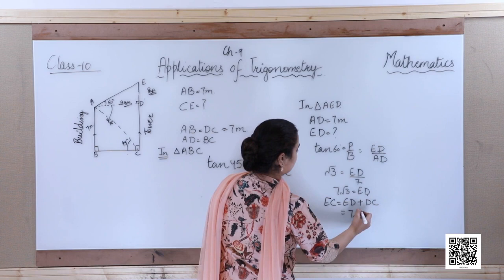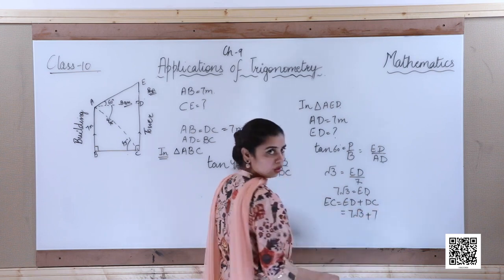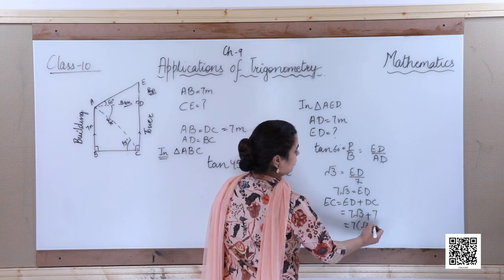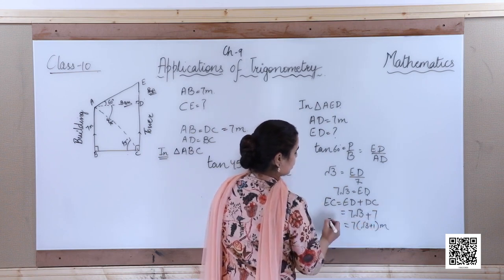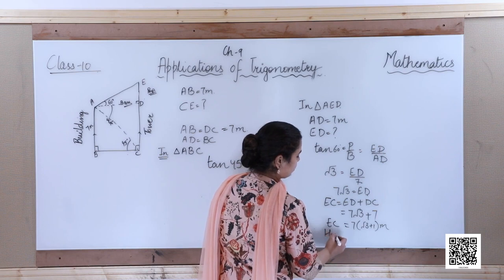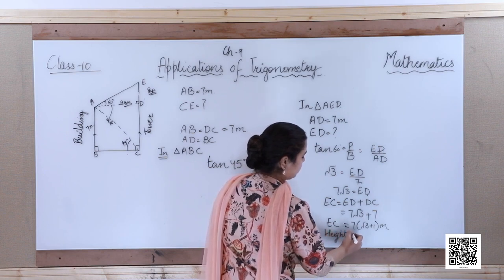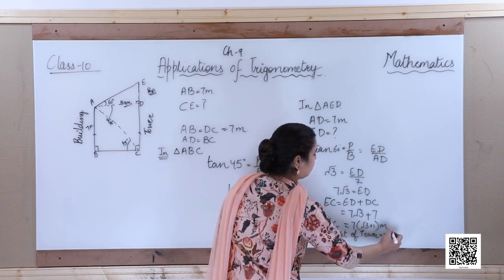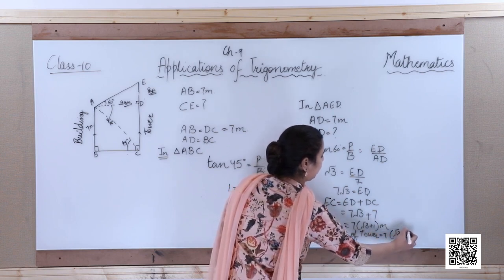So 7√3 plus DC, which we already know is 7. So here we get 7√3 plus 7 meters. So this is the height of the tower, that is 7√3 plus 7 meters.